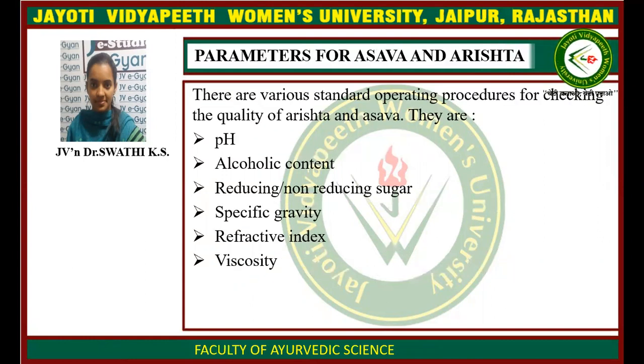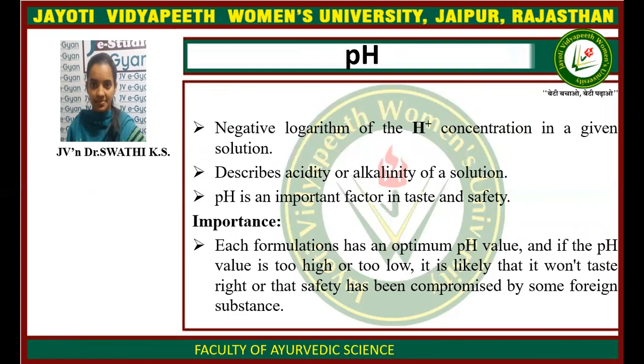Parameters for the ASAVA and ARISHTA. There are various standard operating procedures for checking the quality of ARISHTA and ASAVA. They are pH, alcoholic content, reducing and non-reducing sugar, specific gravity, refractive index, and viscosity. Coming to the pH, it is the negative logarithm of the H plus concentration in a given solution.